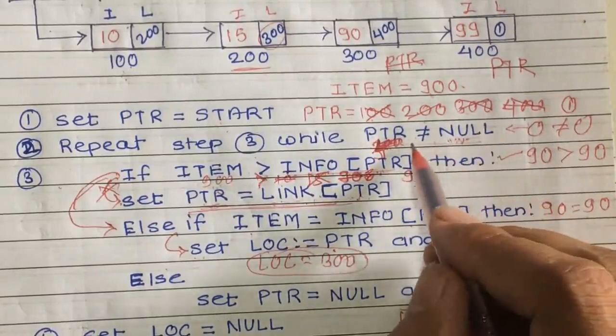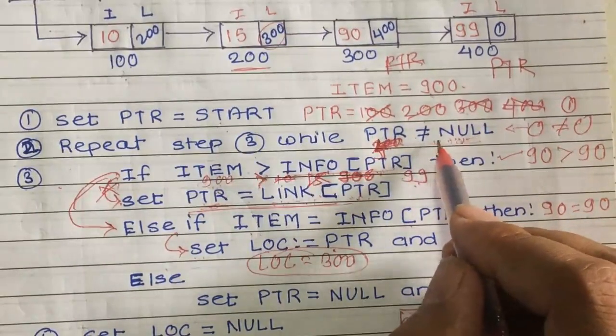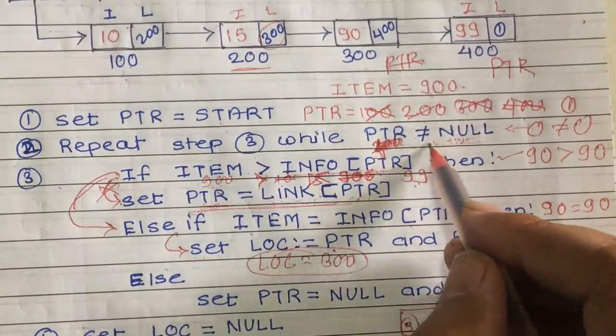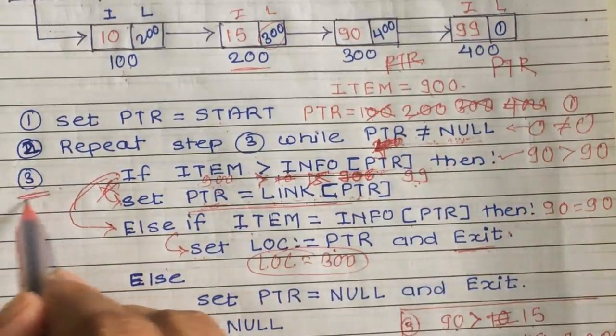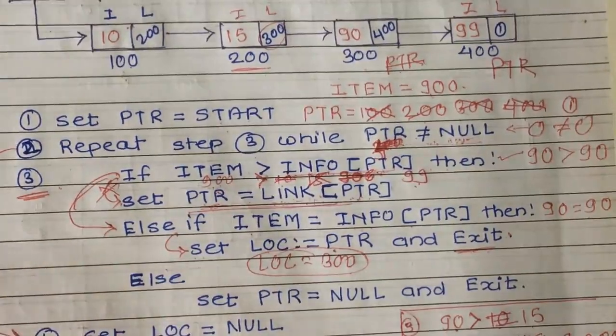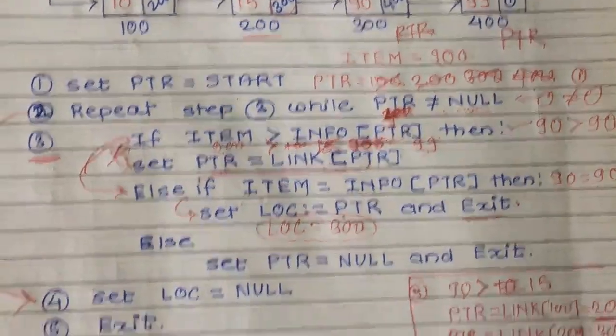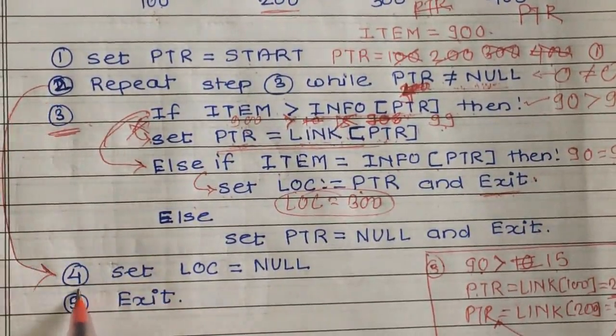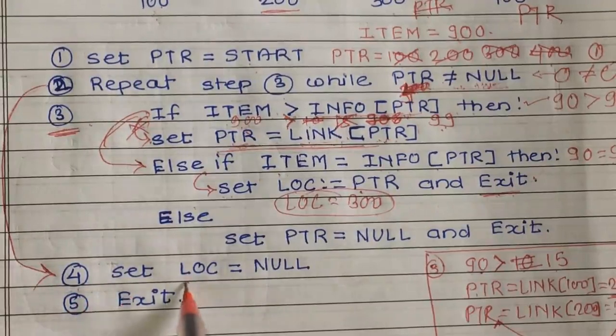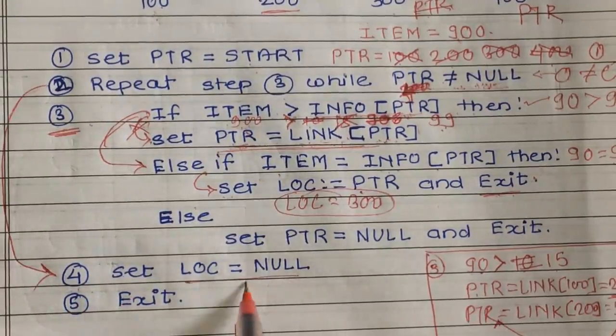As this condition is false, control will not move inside this loop. It will skip the third step and move towards the fourth step. At the fourth step, we have simply set LOC to null.